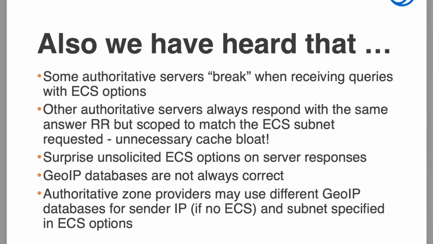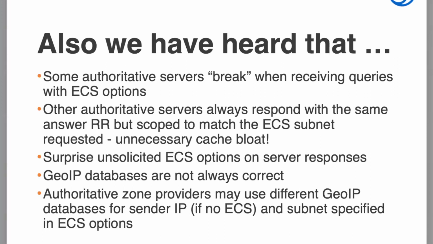And the other thing I've heard along the way, which I was surprised at: right at the very beginning, I said that the resolver would send the query from itself with no ECS options on it, without EDNS. So the authoritative server sees the query as coming from the resolver, and the only data it has to go on is the IP address of the resolver if there's no ECS. If there is ECS, then it can use the ECS options.